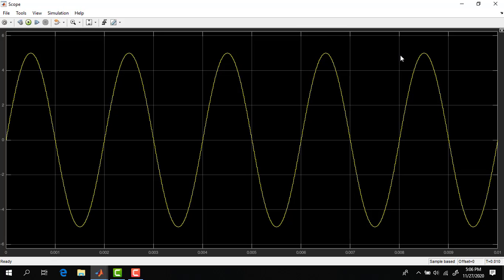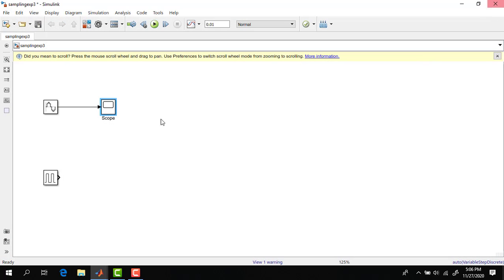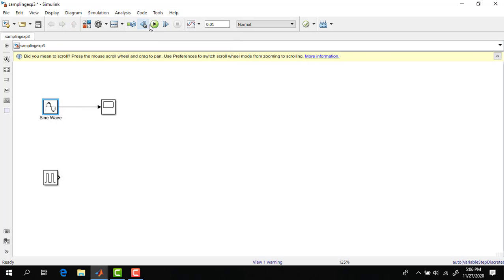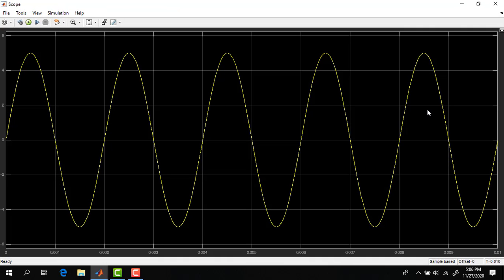I'm not happy with the jagged edges, so I might want to reduce the sample time a bit more. I want to take more samples, so I'm just reducing it by 10 more times. Let's see how does that work. Okay, so now I'm happy with it. It's much smoother. Let's not get too fussy. Let's move on.